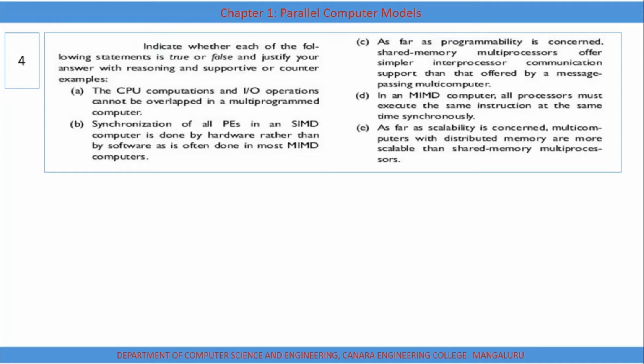D. In an MIMD computer, all processors must execute the same instruction at the same time synchronously. E. As far as scalability is concerned, multicomputers with distributed memory are more scalable than shared memory multiprocessors.